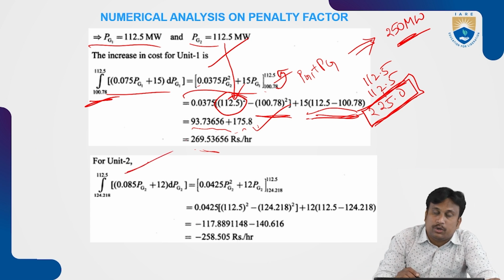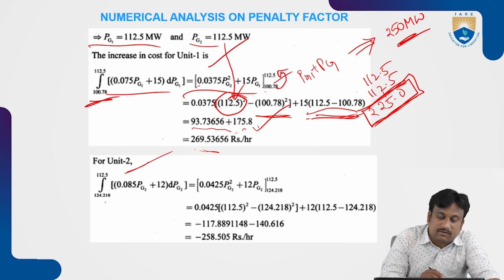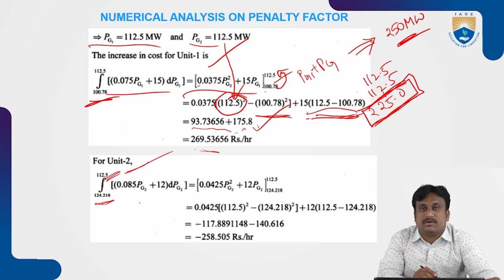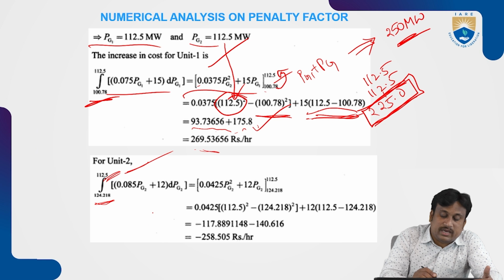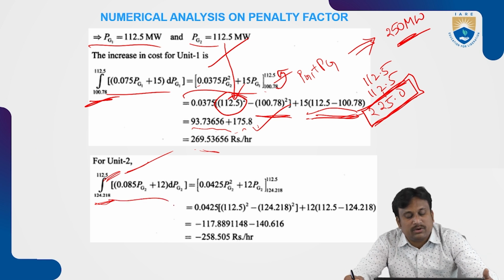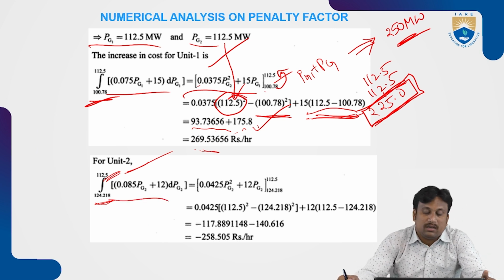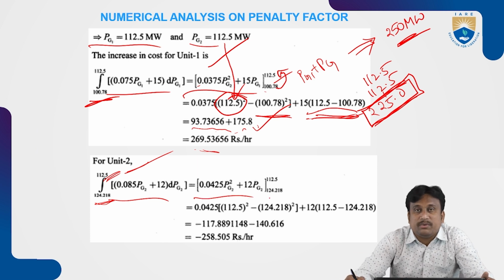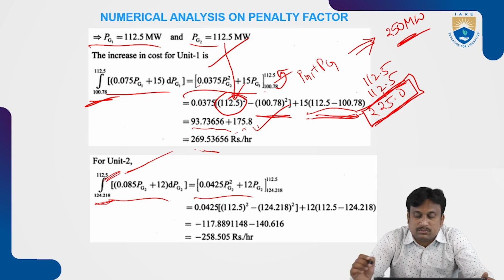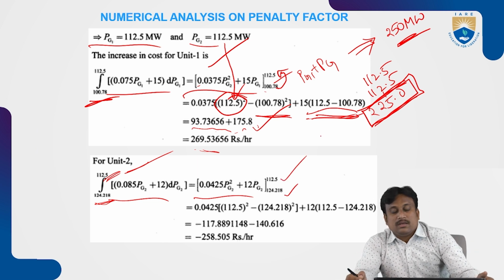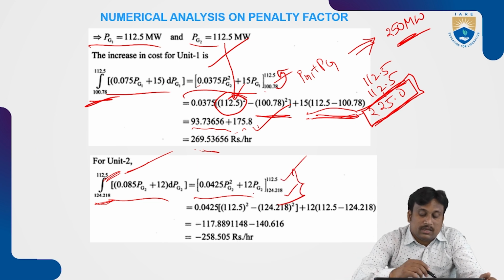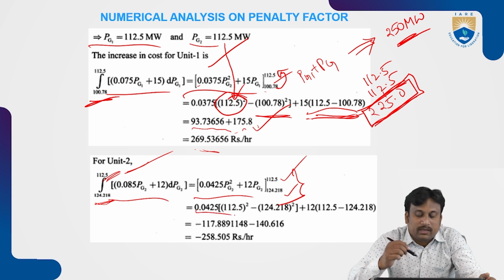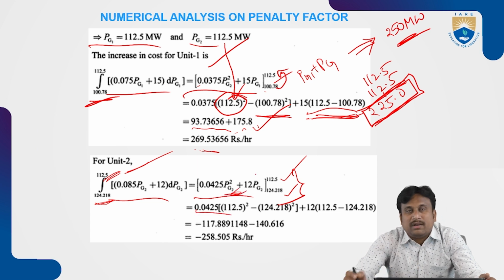Similarly for unit 2, the limits are considered from 124.218 to 112.5. This is the integral of 0.085 PG2 plus 12 dPG2, which equals 0.0425 PG2 squared plus 12 PG2, with limits 124.218 to 112.5.